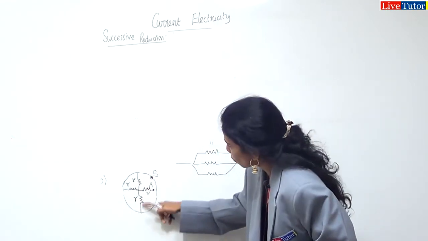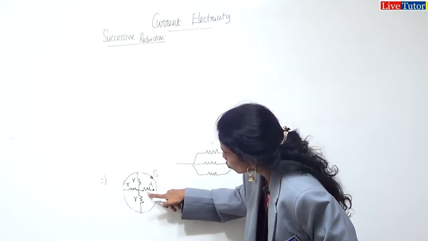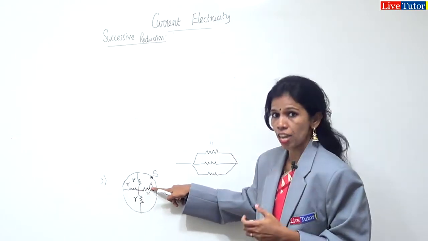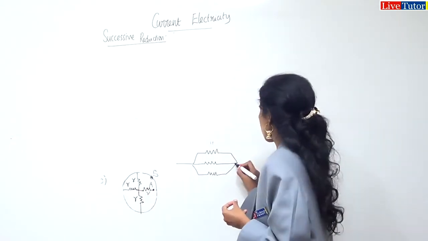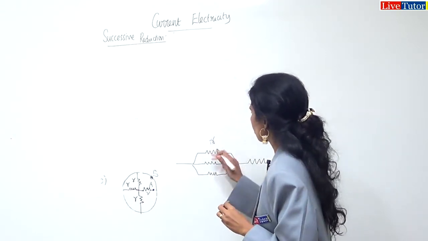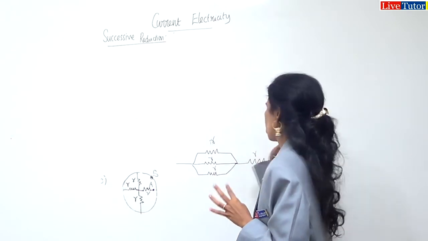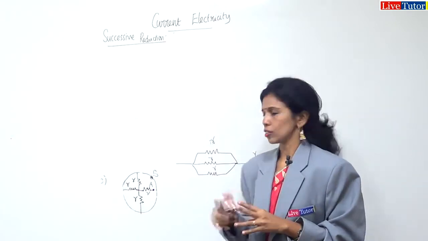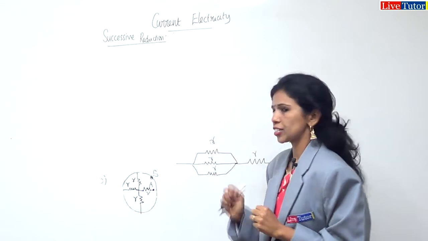Okay, now look at this. So these three are in parallel. To that parallel, the fourth resistor, that is the end A, is connected in series. So this is our circuit after doing reduction. Now these three resistors are connected in parallel.